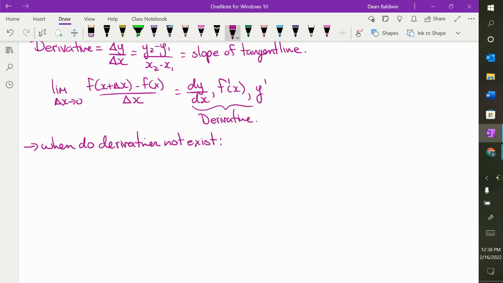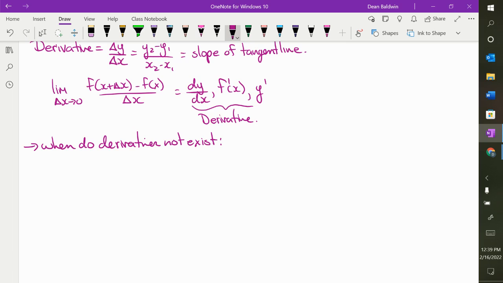So really what that's saying is, when does the limit not exist? Right? Because the derivative is a limit. So if I say, when do derivatives not exist, I'm saying, when does this limit not exist? So just think of a graph and tell me when limits don't exist. What's one example of when a limit does not exist on a graph?